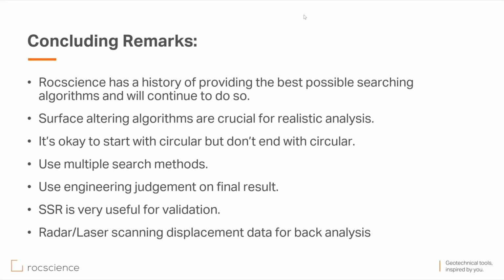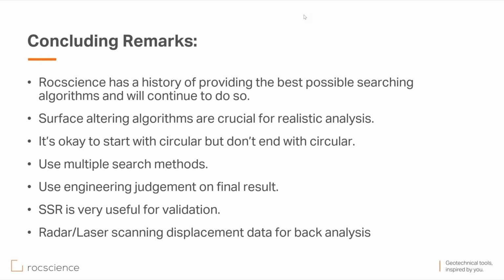Terence pointed out something very interesting: if I just use a simple ellipsoid and do my searching based on an ellipsoid with one of our advanced metaheuristic algorithms, in his example, he gets a factor of safety of around 1.5.